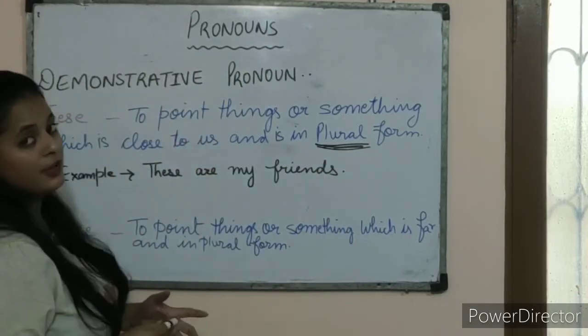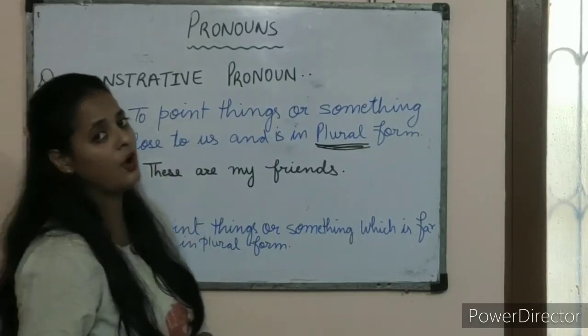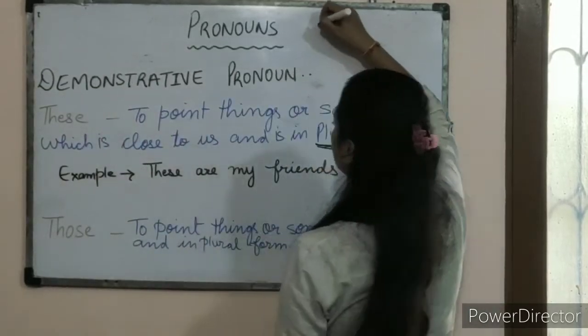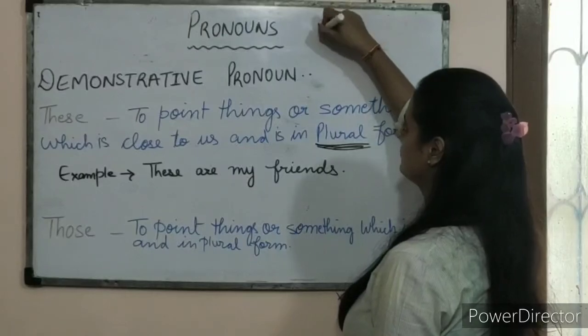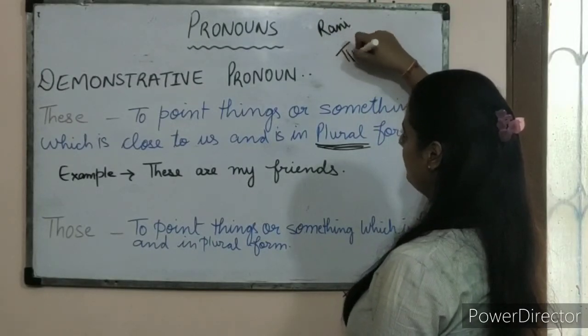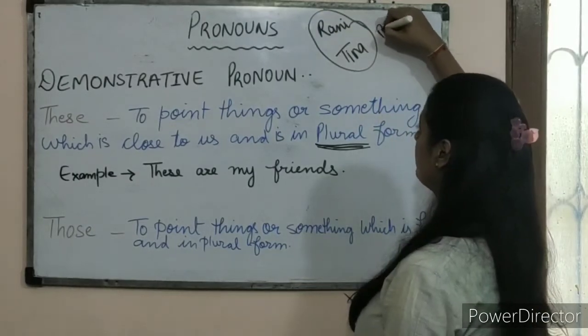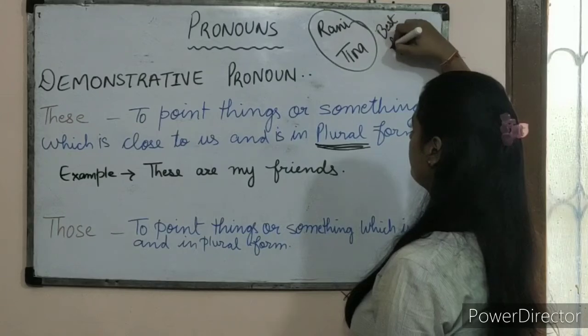These are my friends. Okay, these are my friends. Now again I will give you a situation of Rani and Tina. Again here both of them are very good friends. You can say best friends.